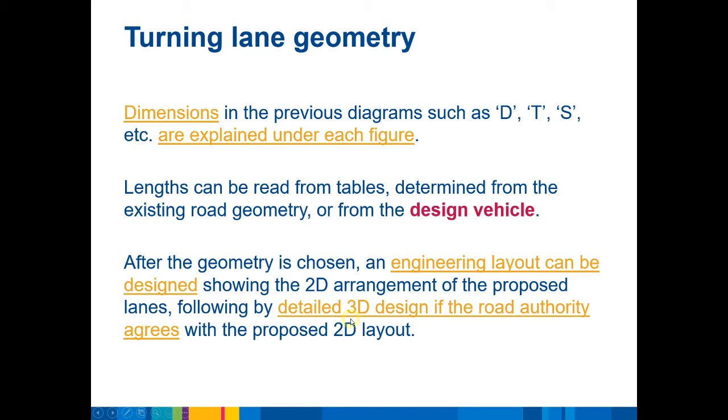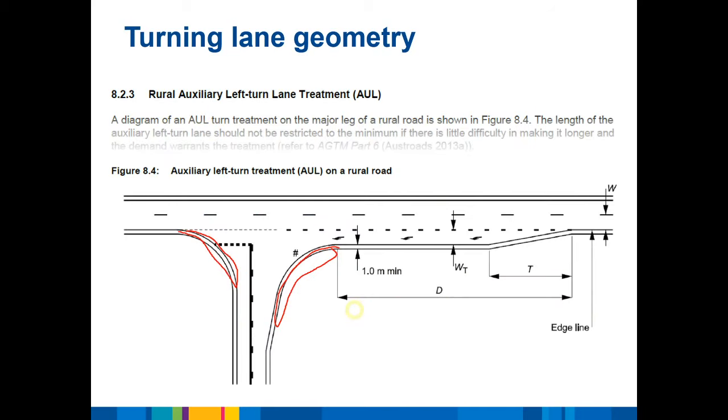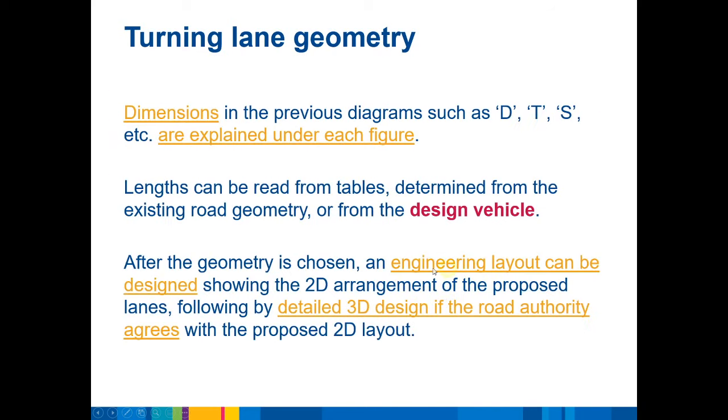So I'll give you a bit of an example. Again, I'm a developer. You're my designer. I ask you to go and prepare me a design for my turning lane. Now you could go straight to the 3-dimensional design based on one of these layouts, but if the road management authority disagrees with your length for D, or they disagree with your length for T, or if you make a mistake or something like that, then we come back here, and so you've done all this work on 3D, but you're going to have to redo all of that because you need to change the 2D layout again.